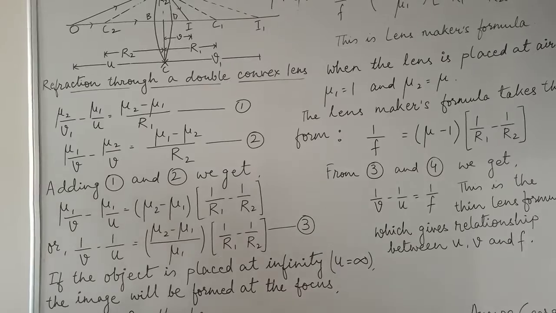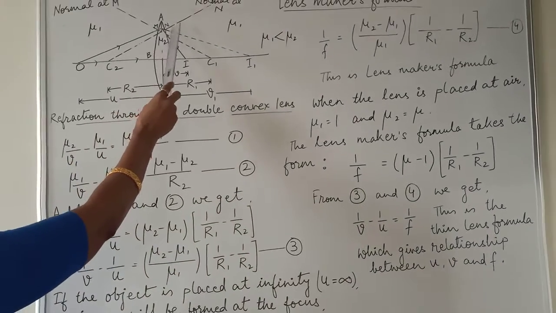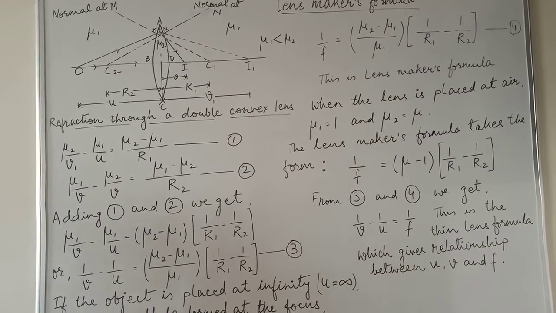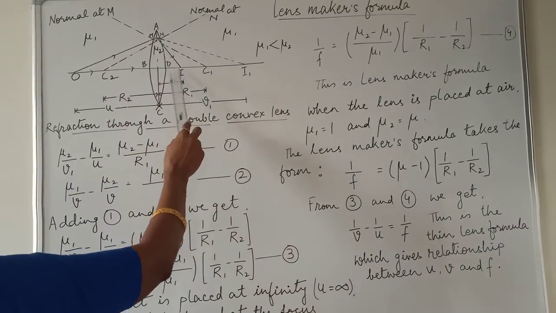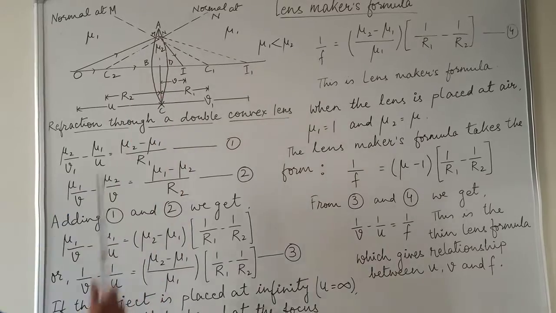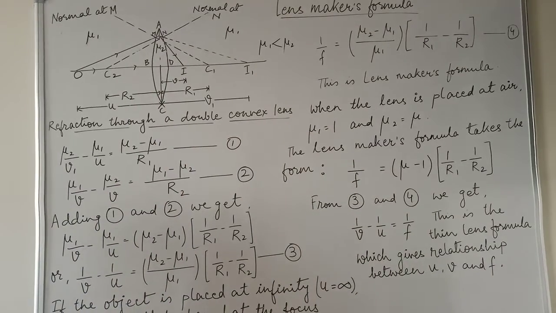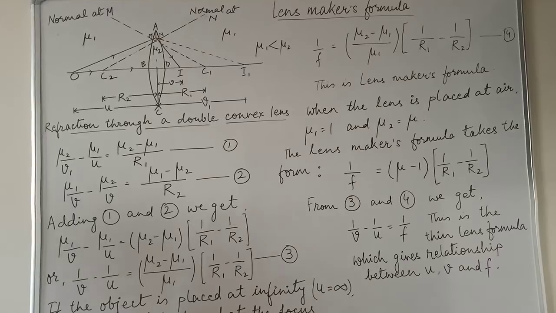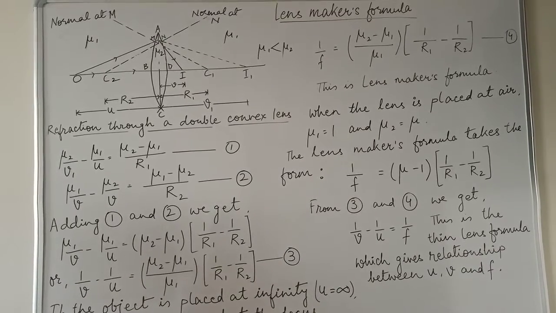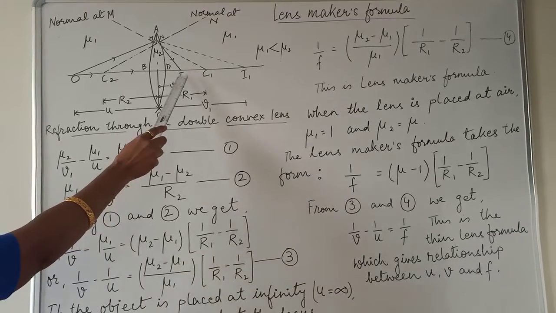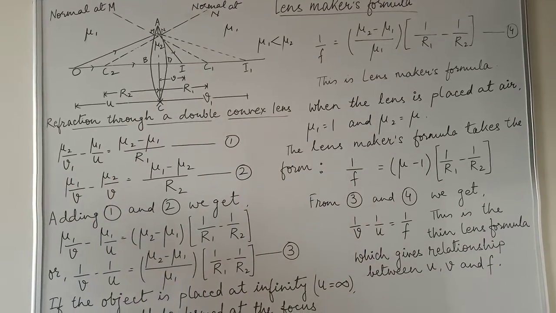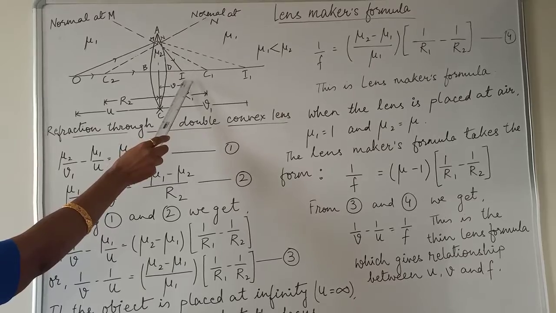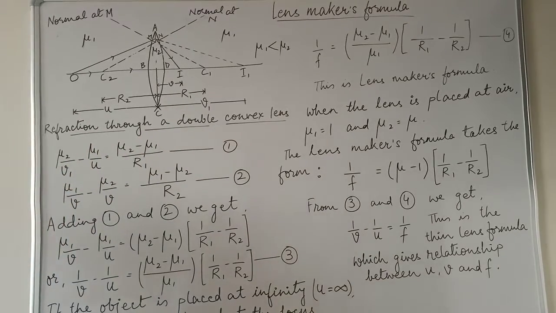But actually the ray MN suffers another refraction at surface ADC, bending away from the normal at point N. The emergent ray meets the principal axis at point I, which is the final image of the object O formed by the lens.